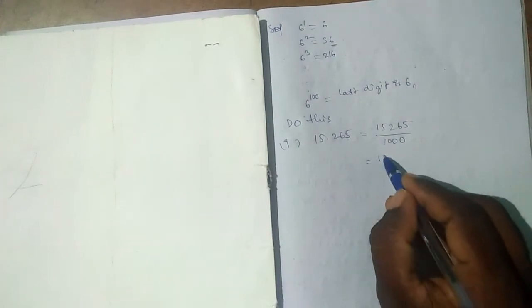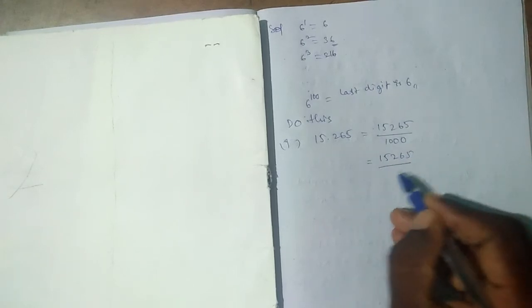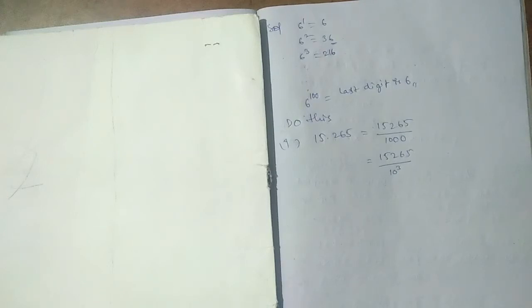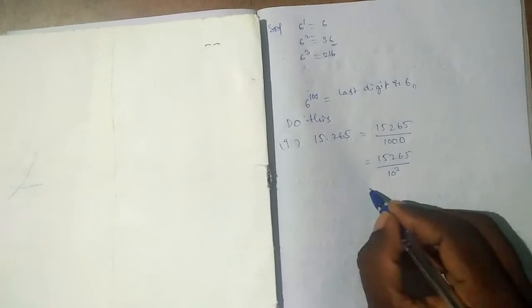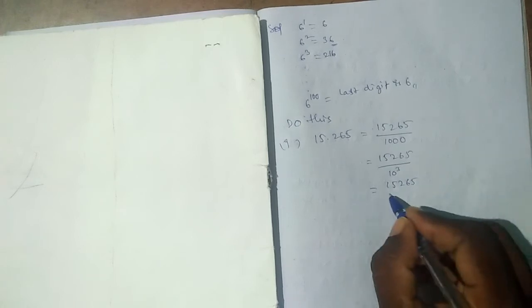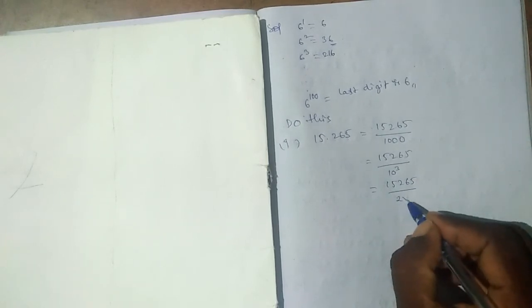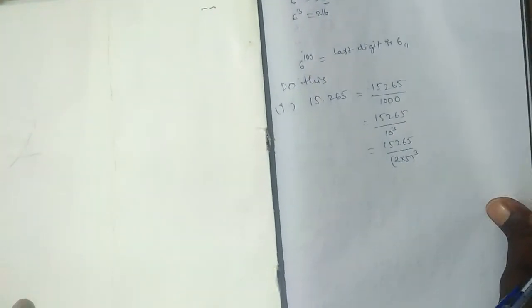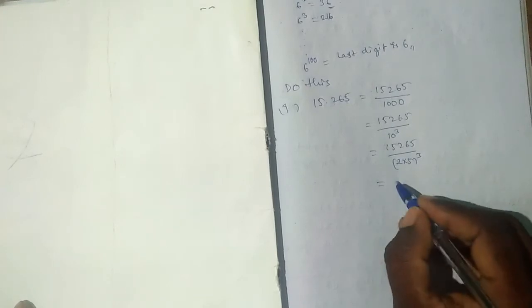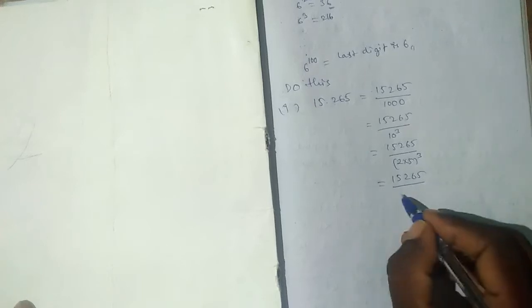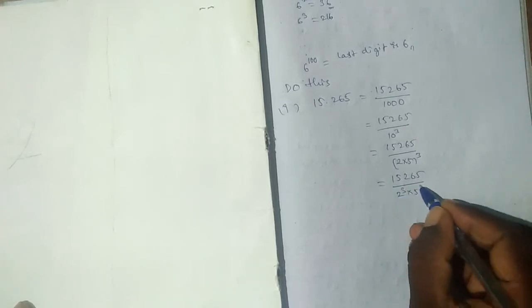So 15265 by 1000, I can express 1000 as 10 cube. 10 into 10 is 100, 100 into 10 is 1000. So what are the factors of 10? Yes, you are correct. 2 5s are 10. So 2 into 5 whole power 3. So it is equal to 15265 by 2 cube into 5 cube.